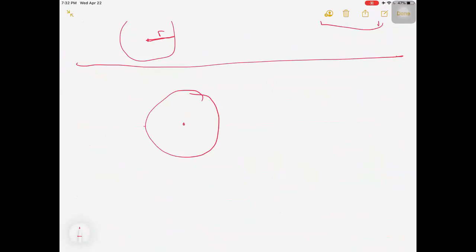And then we can just draw the line with length 9 here. And the shaded region is simply the whole entire circle, which can just be found by pi times R squared. This is just a shortcut you can use, but I wouldn't really recommend it on a lot of questions.